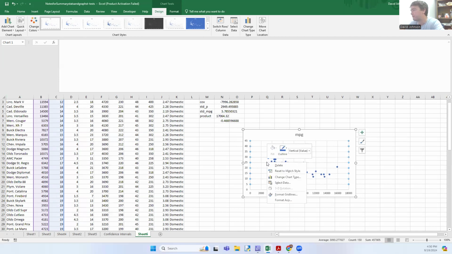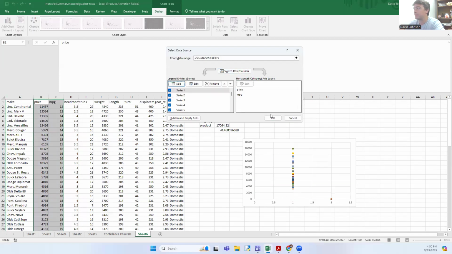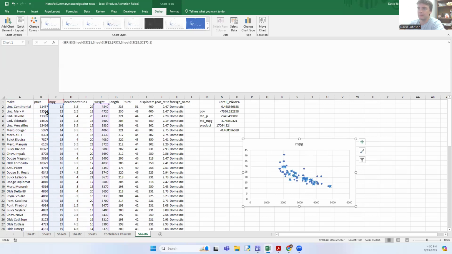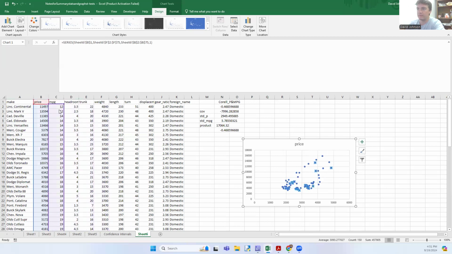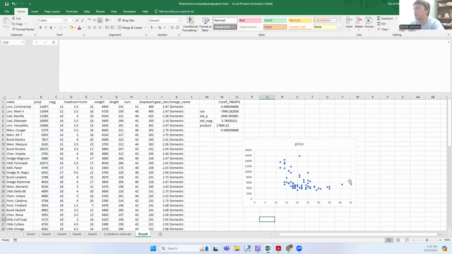That's not what we want. So let's flip this. Let's change this, I guess, by making price our y variable and miles per gallon our x. And you get a similar relationship, but it's not quite as clean.